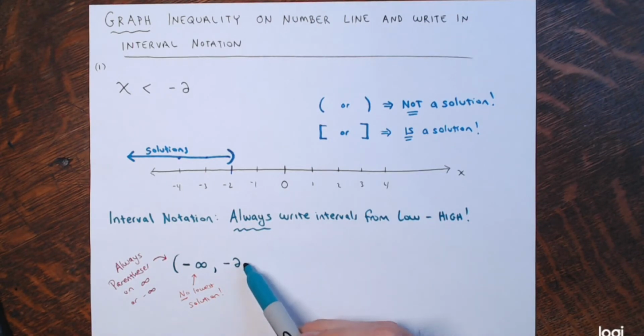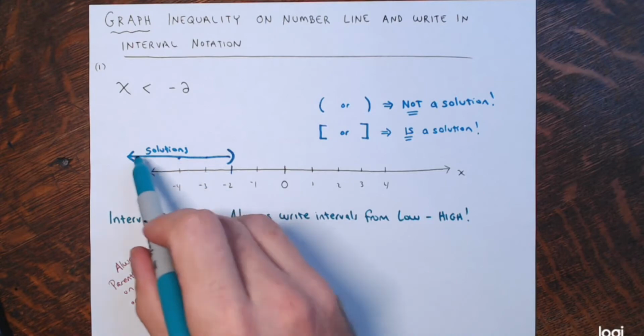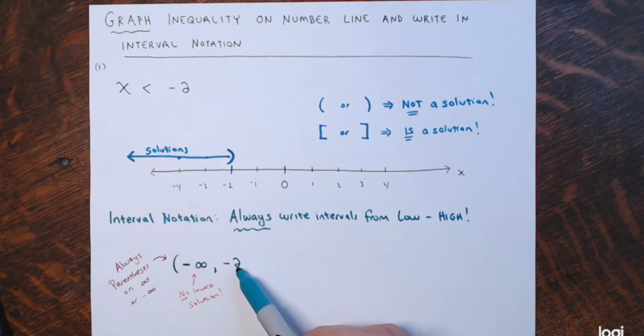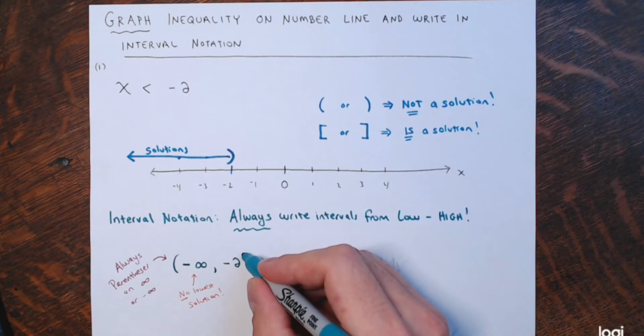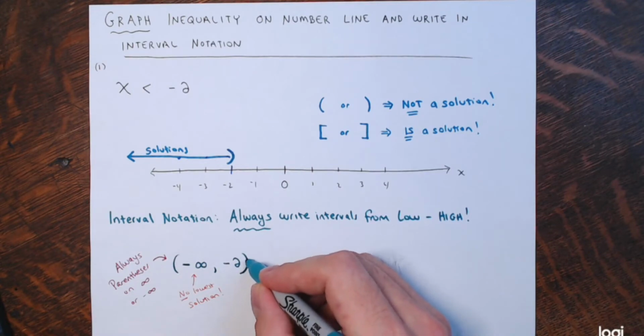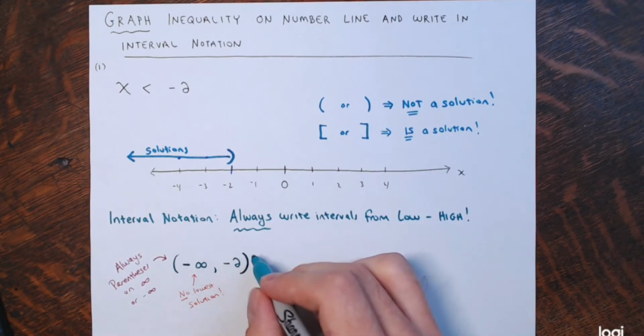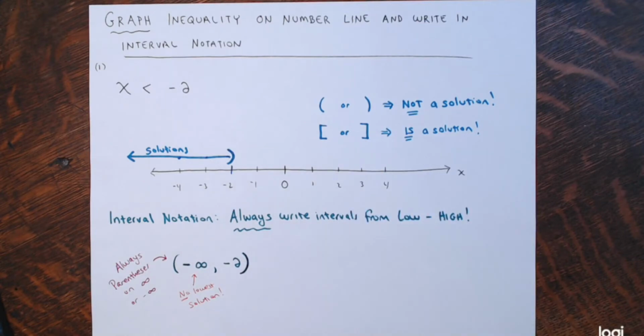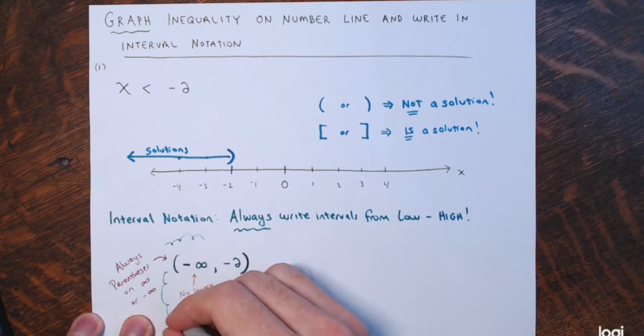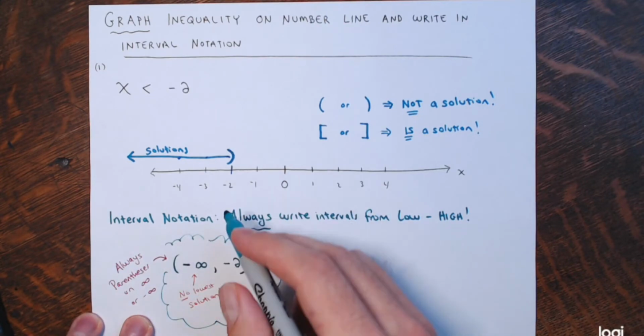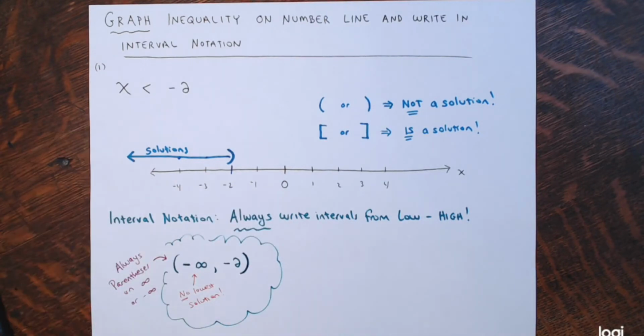And then on the other end of this interval, the question is again, is negative 2 a solution? No. Negative 2 is not a solution. I mentioned that earlier. So again, I cap with parentheses. If it were a solution, I'd cap it with one of the rectangular brackets. So here is the interval notation for our graph, for our inequality.